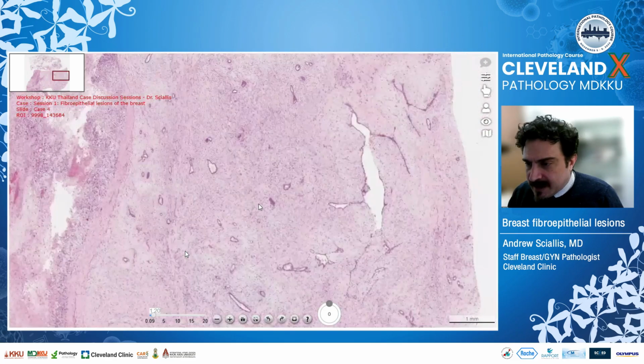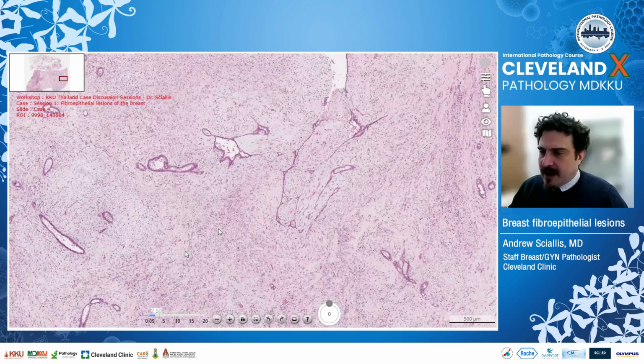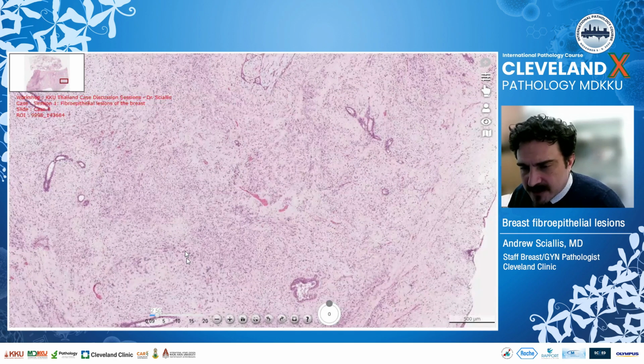And it certainly contrasts with what we have here, in which there's clear stromal hypercellularity with periglandular condensation or periglandular hypercellularity. It's expanding the epithelial components, and it's getting harder to find.